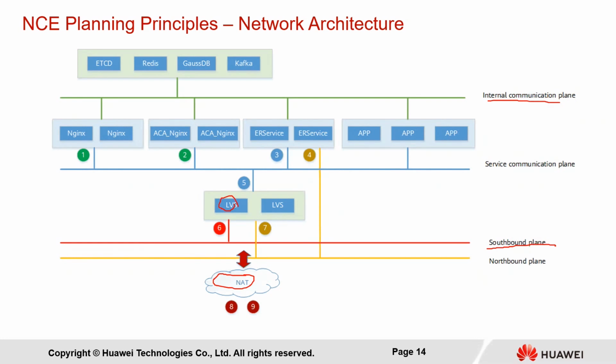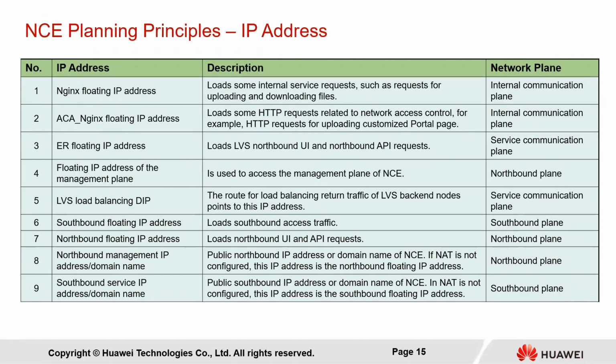To enable all these interactions, we need an IP address for each node. As you can see in this figure, the components with numbers here require specific IP addresses. So this is number 1, number 2. This corresponds to the next page.